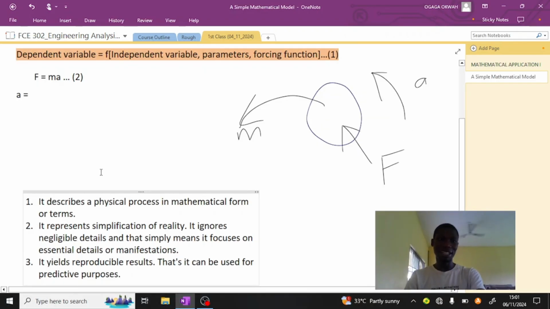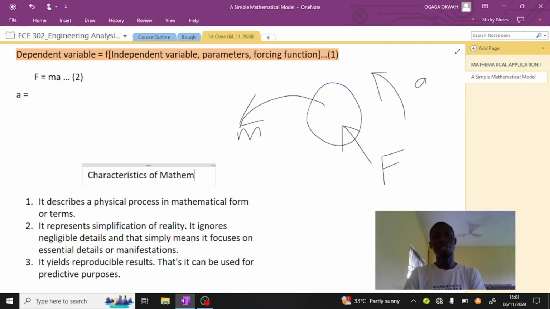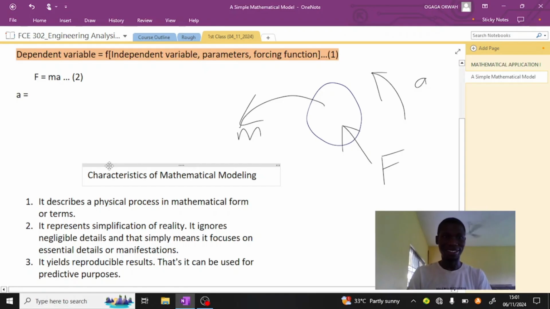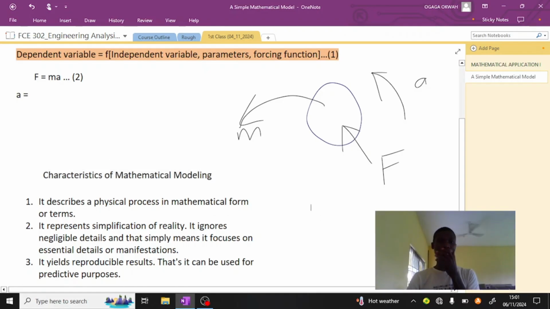These we have here are characteristics of mathematical modeling. All right, let's have that there.